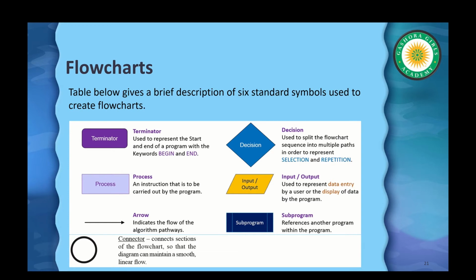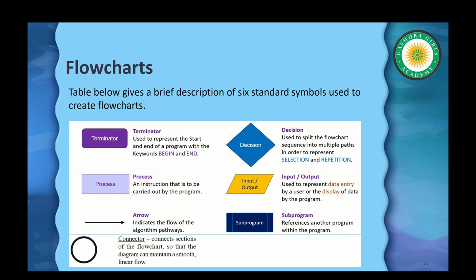So we have the connector. The connector here is represented with a circle. It is used to connect sections of the flowchart so that the diagram can maintain a smooth linear flow. For example, you are writing a long flowchart that cannot fit on a single page.